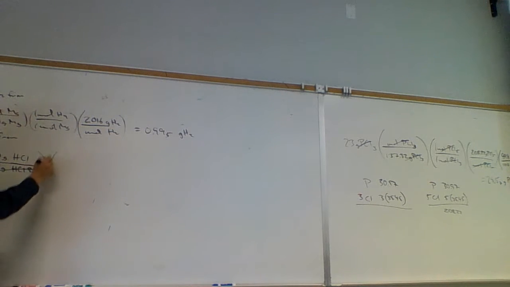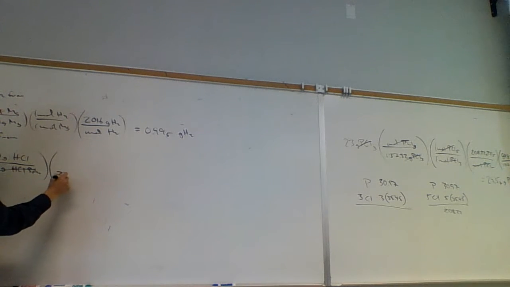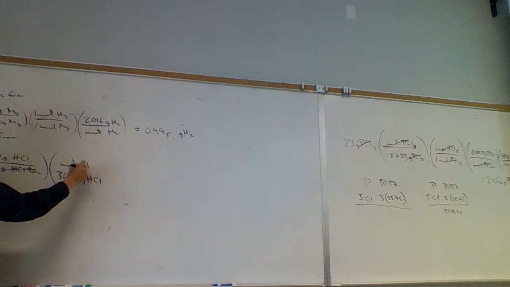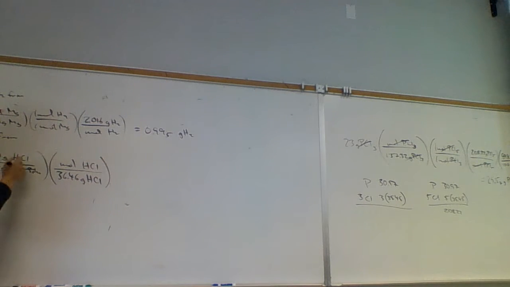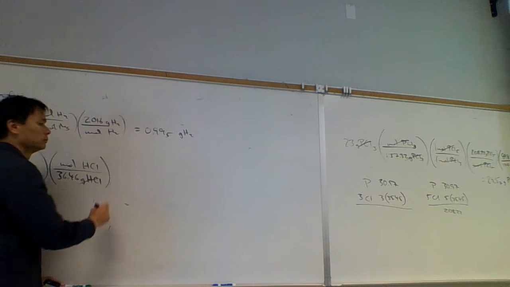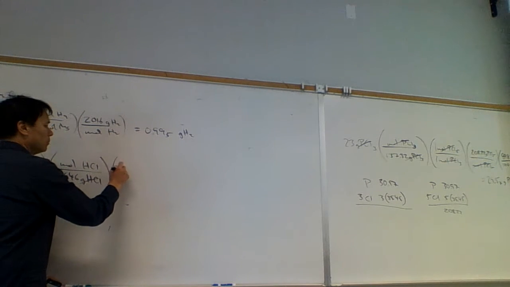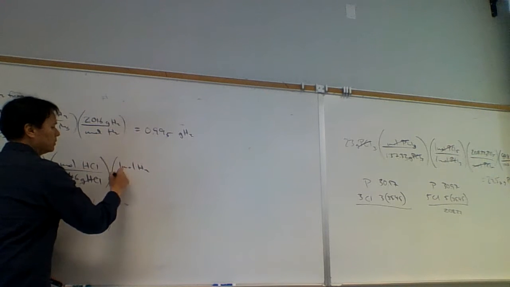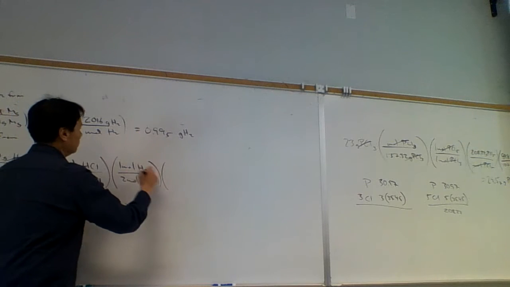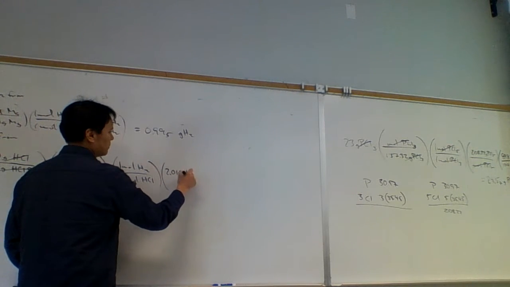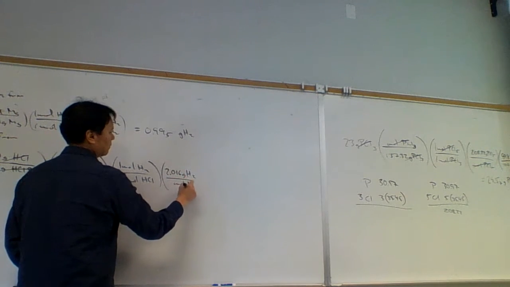Okay, then what's the molar mass of HCl? 36.46. 36.46 grams per mole of HCl. That's what I've got as well. Then what's the mole ratio? 1 to 2. Yeah. 1 mole of H2 for every 2 moles of HCl. And then the mass is 2.016 grams of H2 per mole.